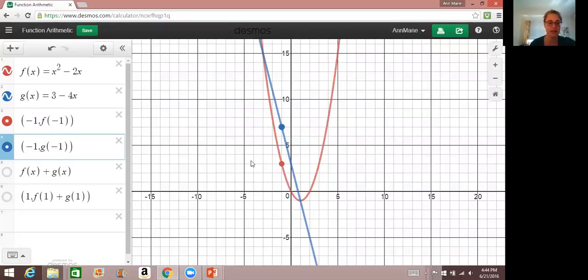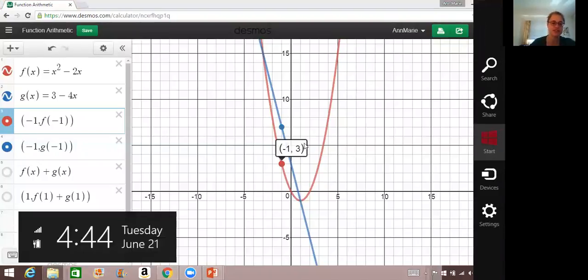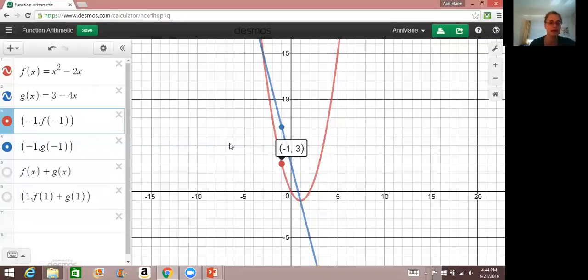In other words, if I plug -1 into my function f, I will get out a y of 3. If I plug -1 into my function g, 3 minus 4 times -1. Well, 4 times -1 would be -4. So 3 minus -4 is the same thing as 3 plus 4, which is 7. So this should be a 7. Yes.